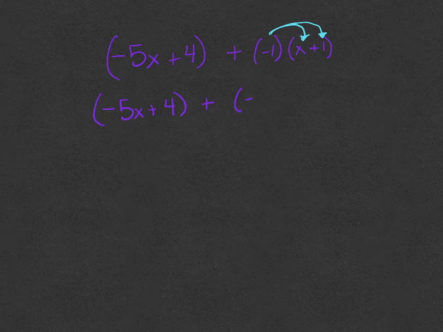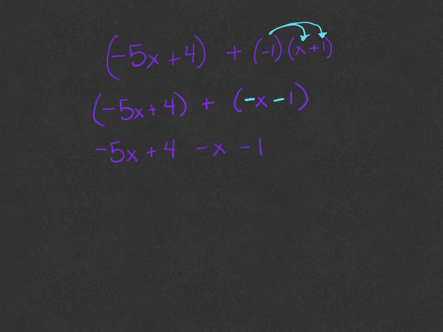So this would be negative x. And then instead of plus 1, it's going to be minus 1. All right, now it's addition. So now I can go ahead and get rid of the parentheses. So I have negative 5x plus 4 minus x minus 1.